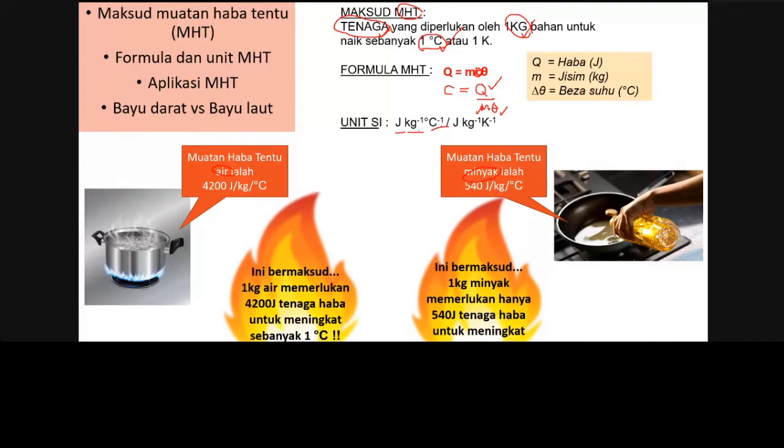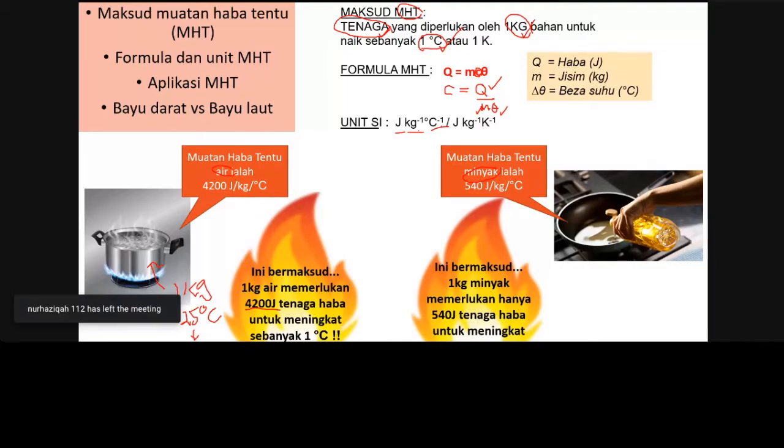So let's say if you have 1 kg of water at 25 degrees, okay, so you nak naikkan dia to 26, you need 4200 joule. Banyak kan? Banyak lah.